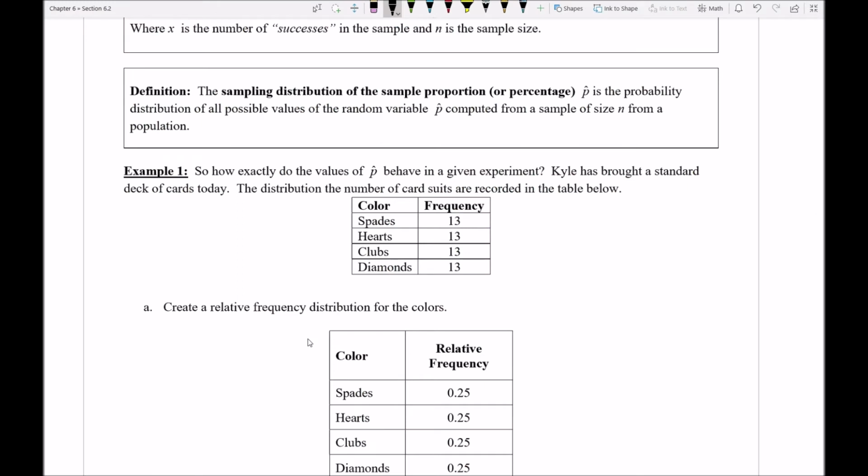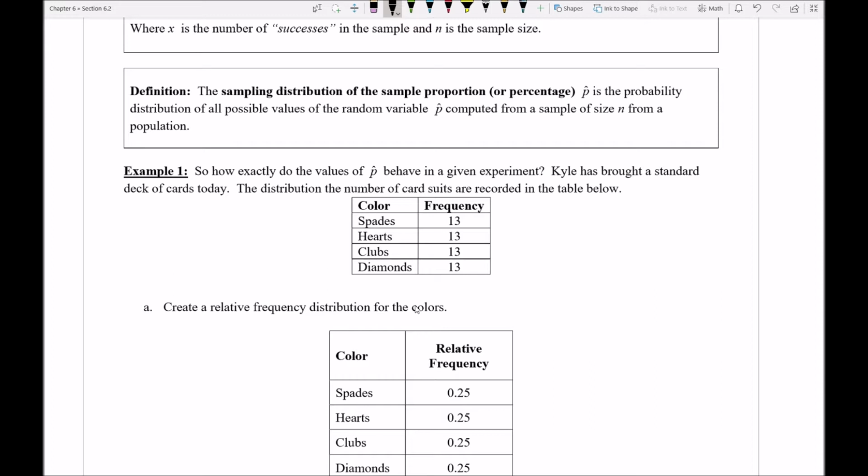So what we're going to be looking at here is breaking these down into different suits. I have 13 cards that are spades, 13 that are hearts, 13 that are clubs, and 13 that are diamonds. My goal would be to construct a relative frequency distribution for the suits.